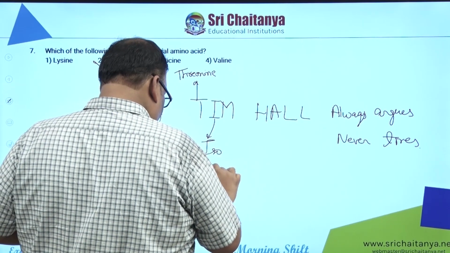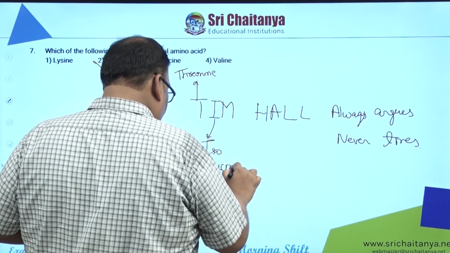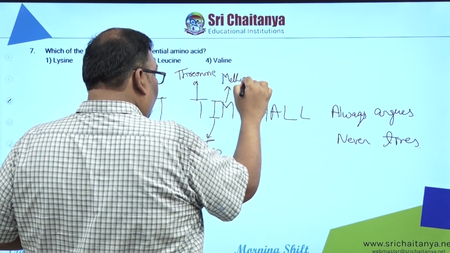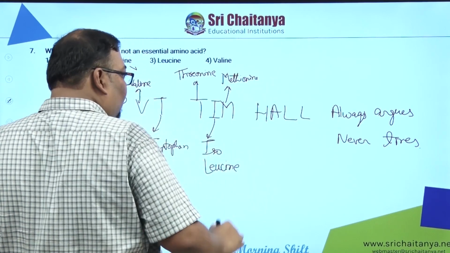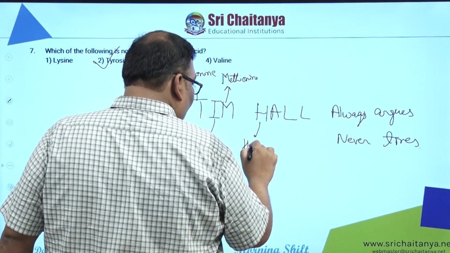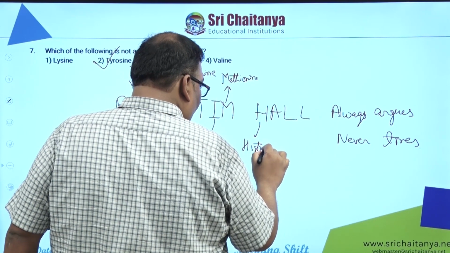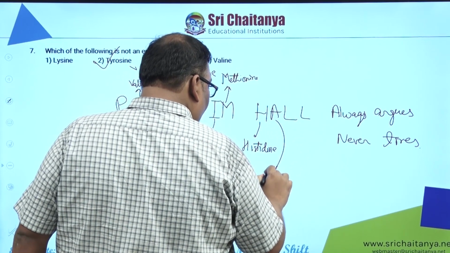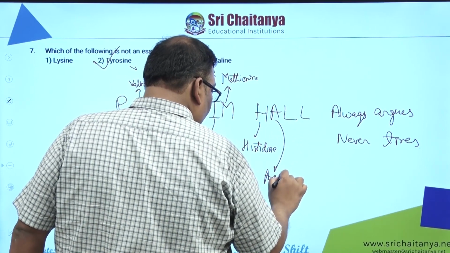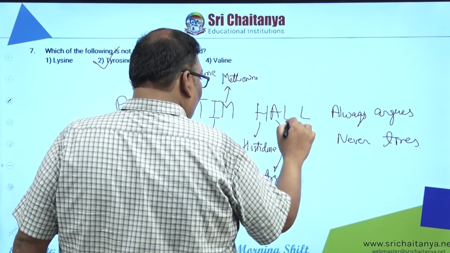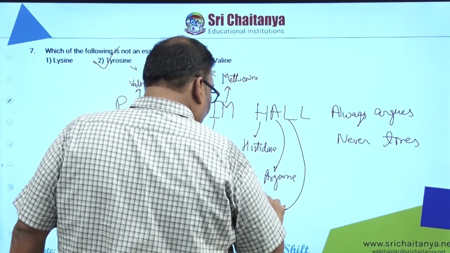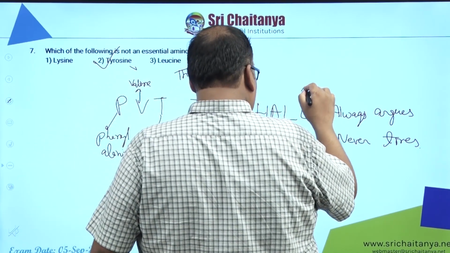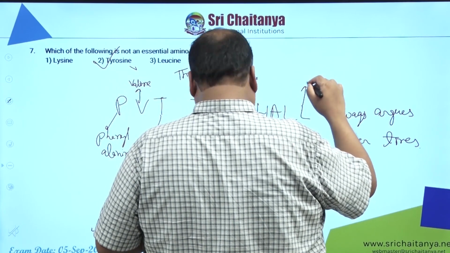M stands for methionine. H stands for histidine. Then A, L, L: these three will be basic amino acids. A stands for arginine. L stands for lysine. And this L stands for leucine.